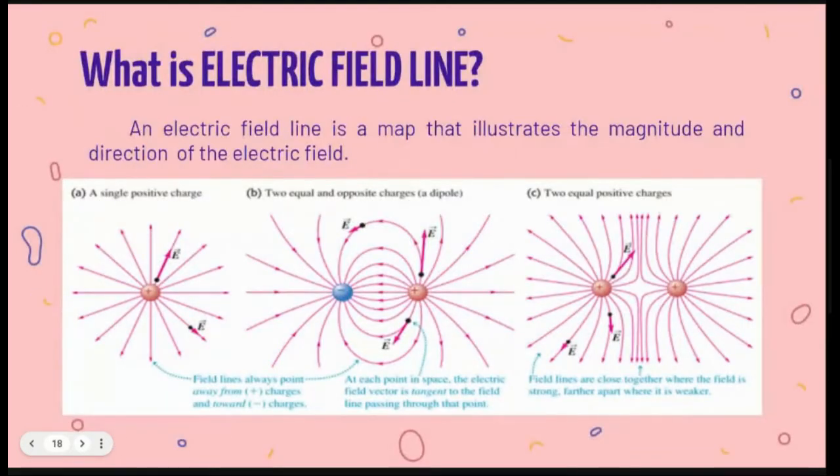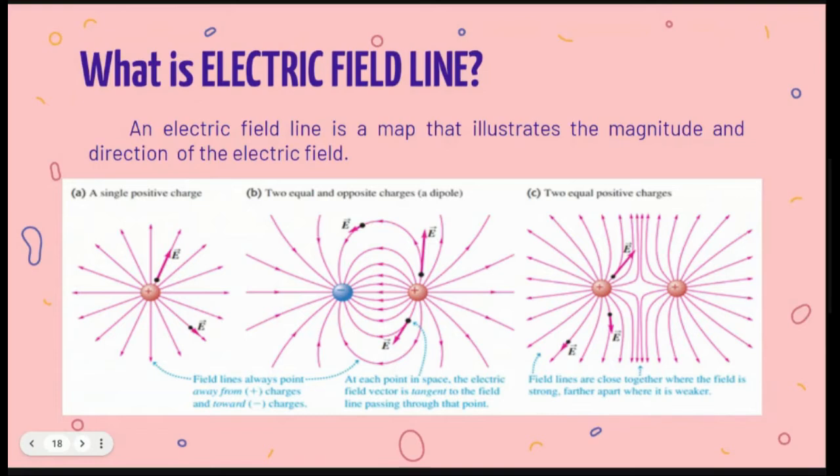This is because of the properties of an electric field line. One property is that if you illustrate an electric field line, it must always begin from the positive charge and end on the negative charge.